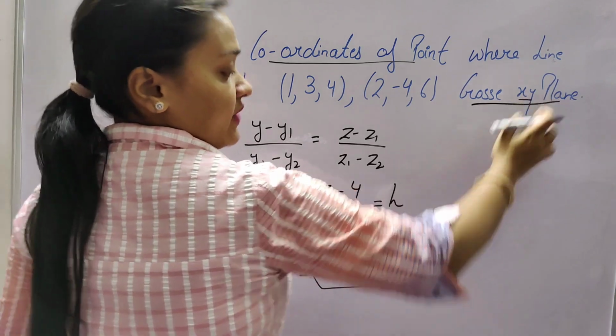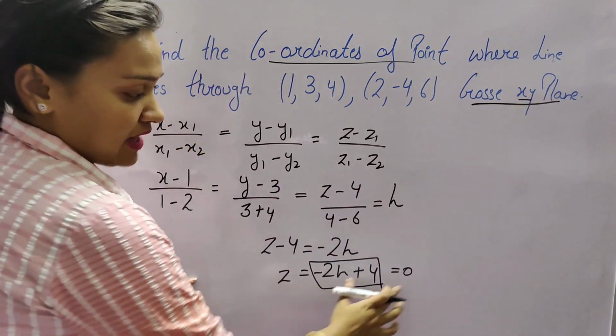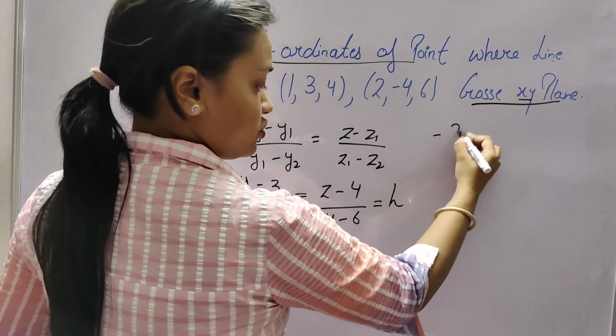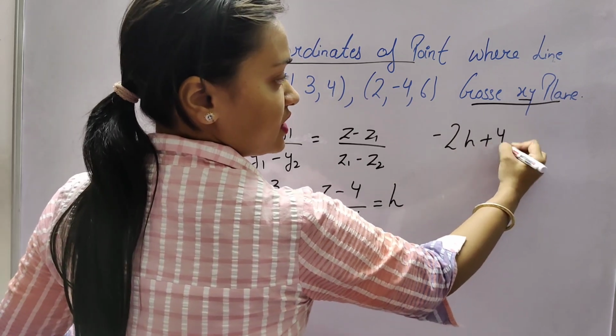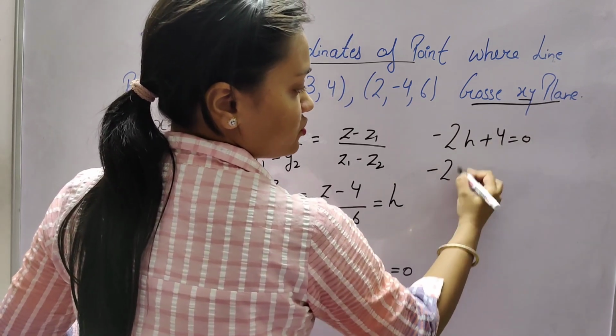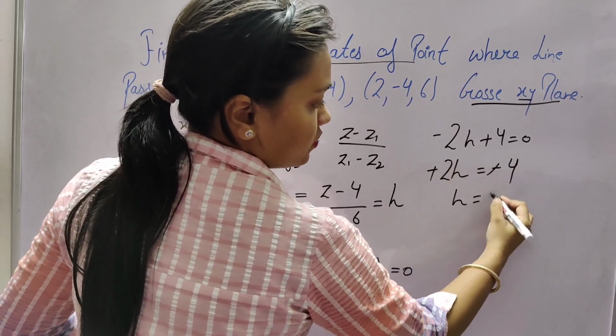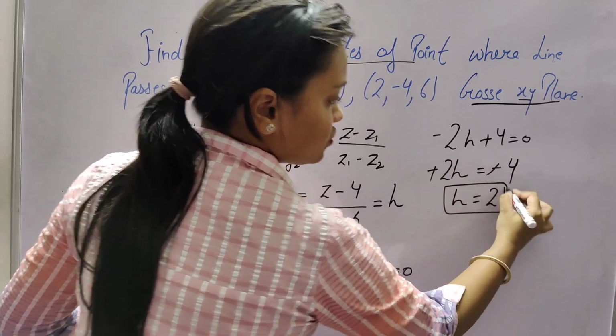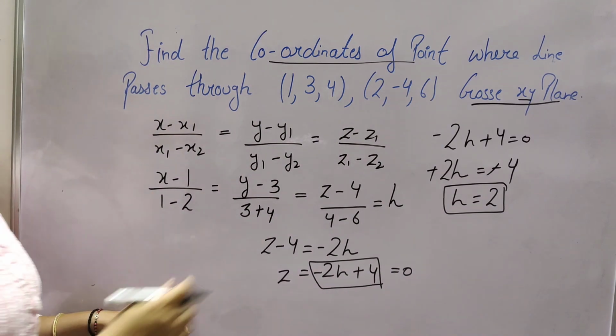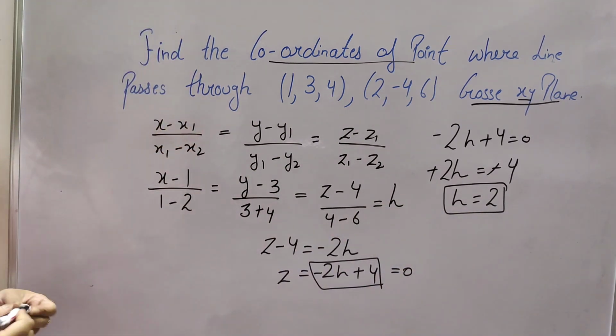Because it crosses the xy plane, we take the z value equal to 0, which is minus 2 alpha plus 4 equals 0, minus 2 alpha equals minus 4, alpha equals 2. So the value of alpha here comes to 2.